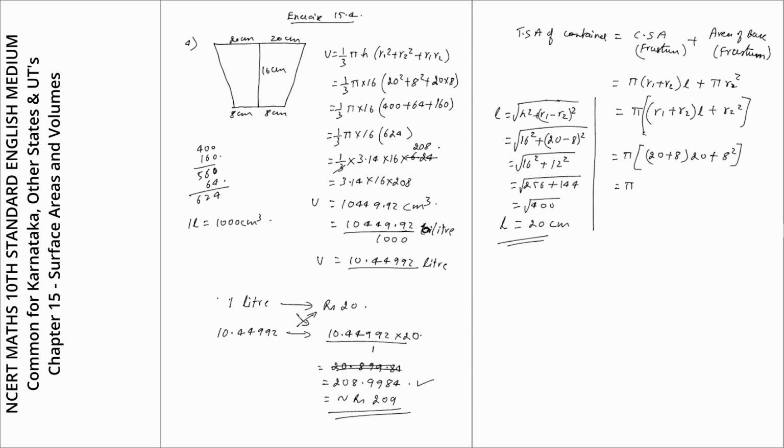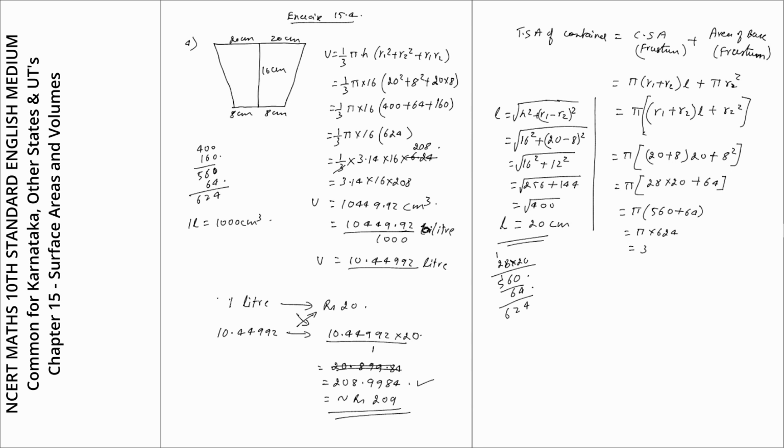So this is equal to pi into (20 plus 8) into L, which is 20, plus r2, the radius of the base, 8 square. So this is equal to pi into 28 into 20 plus 64. 28 into 20 is 560. So pi into 560 plus 64, and 560 plus 64 is 624. So this is pi into 624.